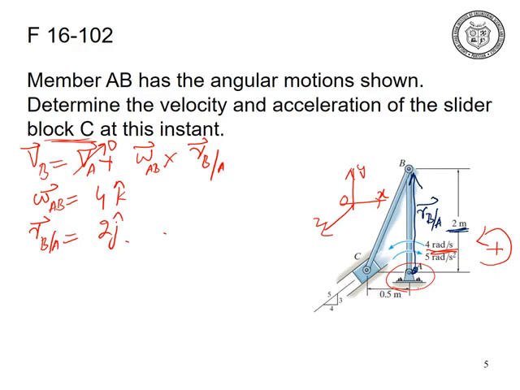Now what will be the velocity of particle B? In this equation we know everything, so the velocity of particle B will be 4K cross 2J.